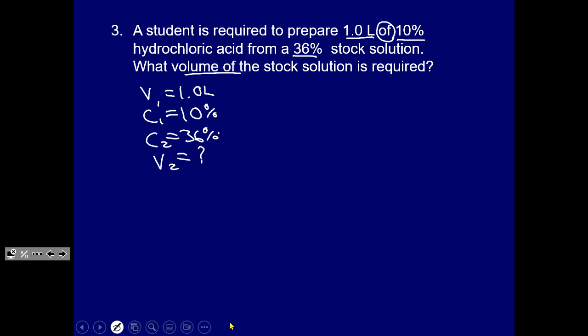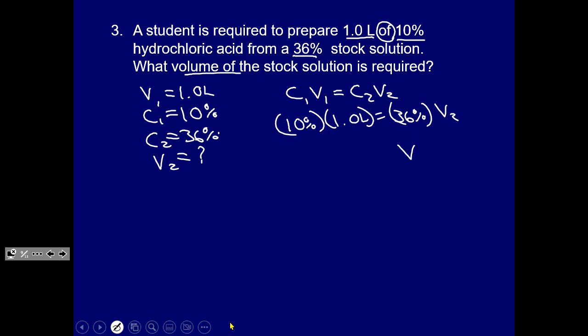Again, this question is just like the last one. Even though we're making it and we need this first, it doesn't matter whether it's 1 or 2. It doesn't affect anything. C1V1, C2V2, C1 10%, V1 1 liter, C2 36%, V2, what do we need?